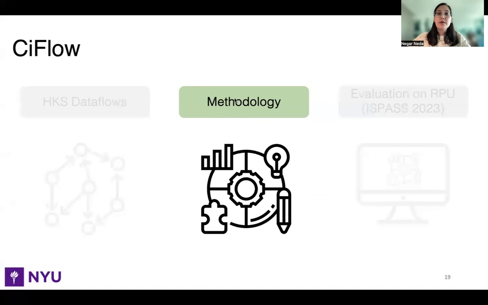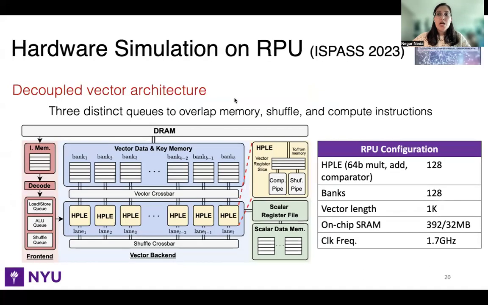Now I will introduce the methodology of our research. We evaluated these introduced data flows on RPU, the ring processing unit, which is a vector processor optimized for ring-based algorithms that also includes homomorphic encryption. This design has 3 distinct queues: ALU queue, load store queue, and shuffle queue. The shuffle queue is added to optimize the NTT implementation.